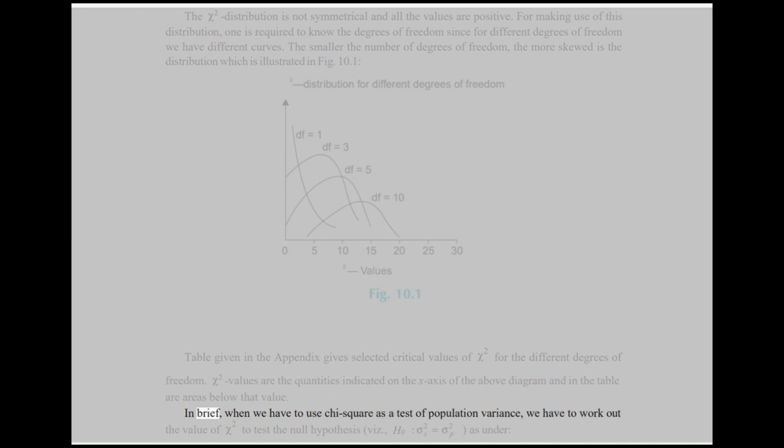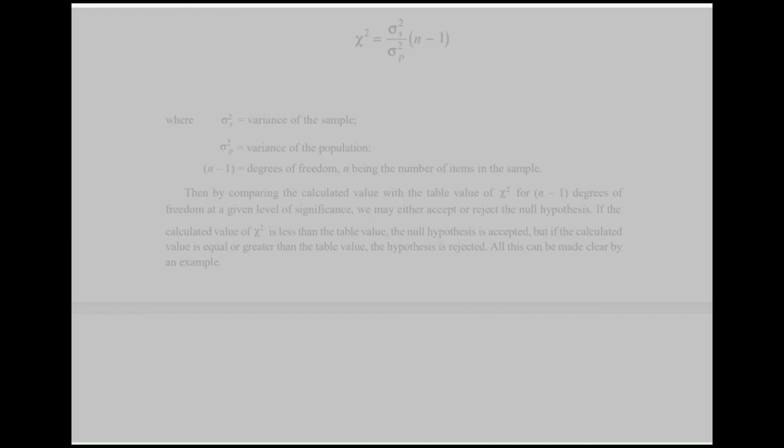In brief, when we have to use chi-square as a test of population variance, we have to work out the value of χ² to test the null hypothesis, H0: σ² = σ0², as under. Chi-square equals (n-1)s²/σ², where s² is equal to the variance of the sample, σ² is equal to the variance of the population, and n-1 is equal to degrees of freedom, n being the number of items in the sample.